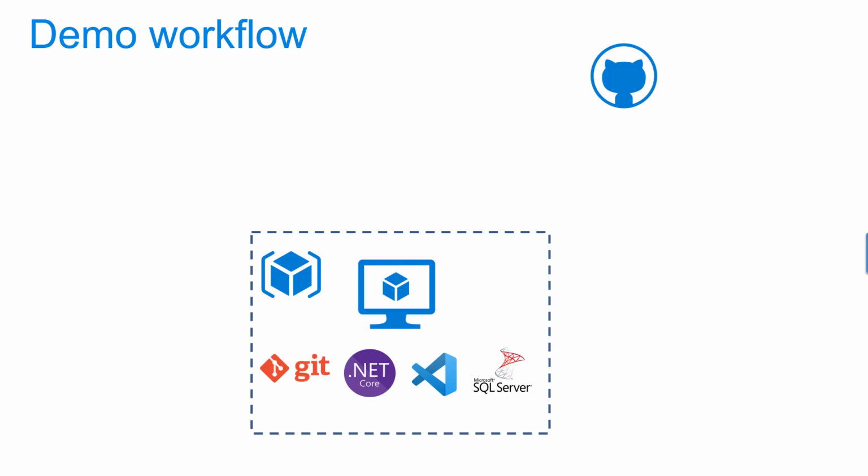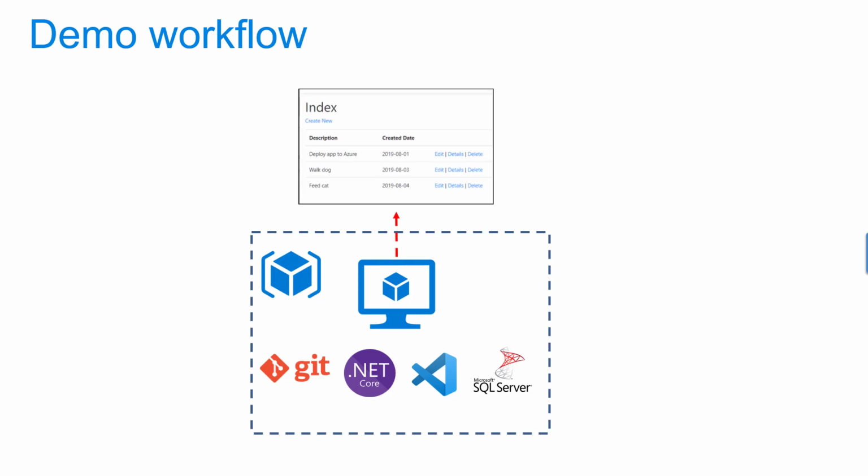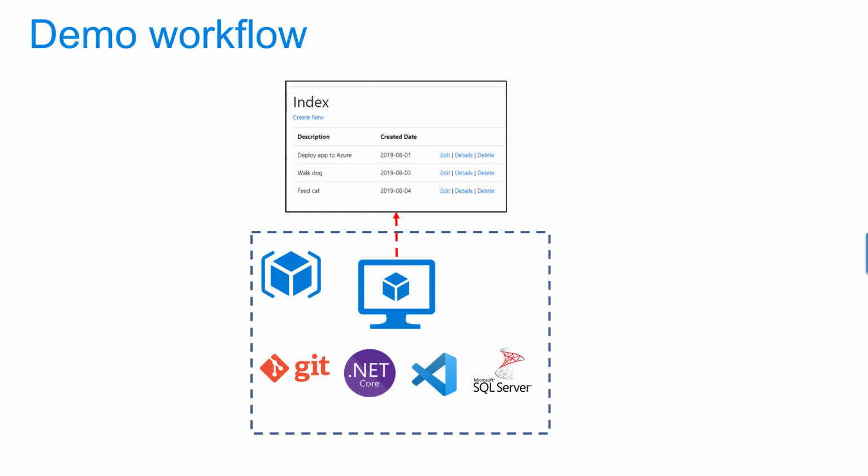So I will first clone this application to my local VM. After that, I will start building the application, restoring the packages, developing a new feature, and then run that on my local machine so I can create records and see the CRUD, or create, retrieve, update, delete, so we can work with the application. So let's go for the demo.